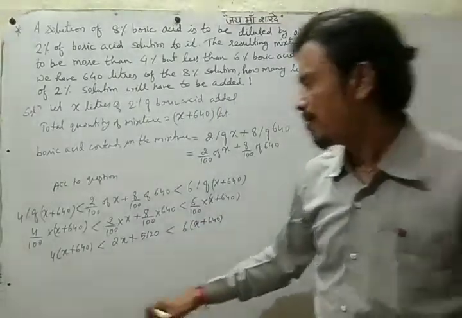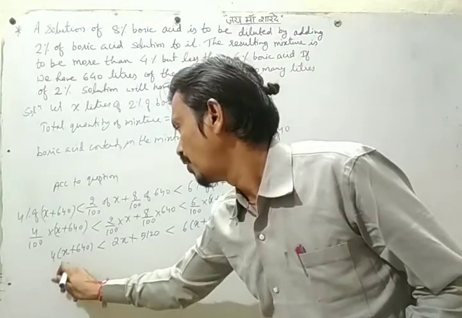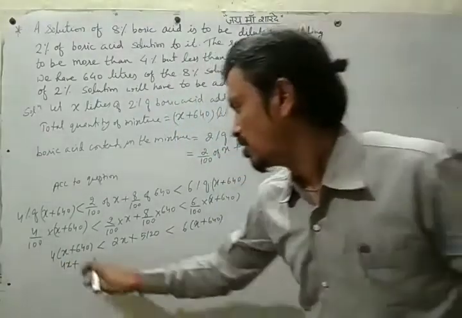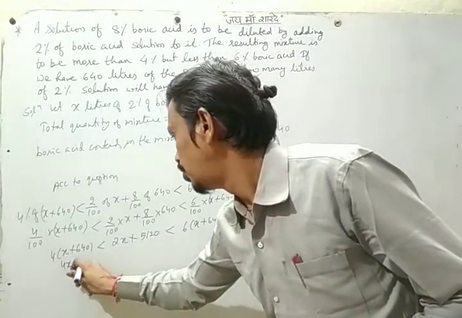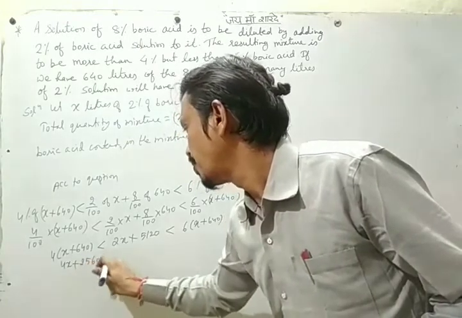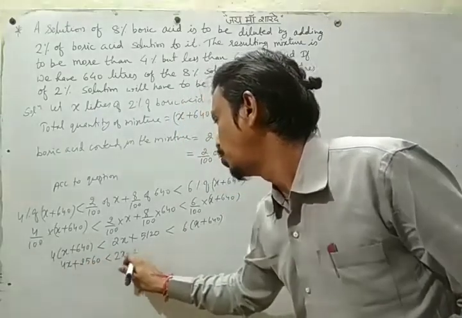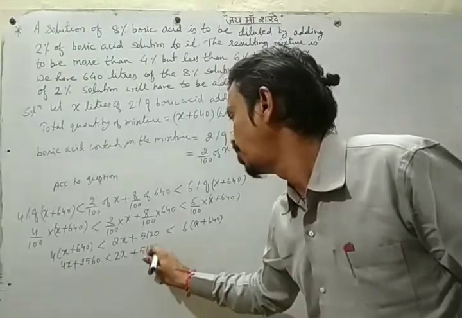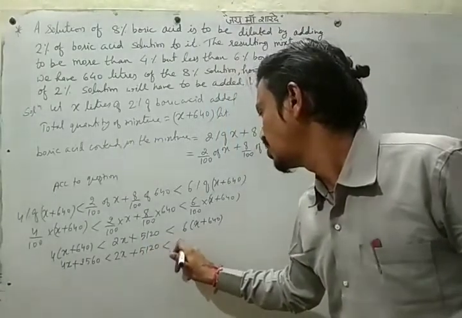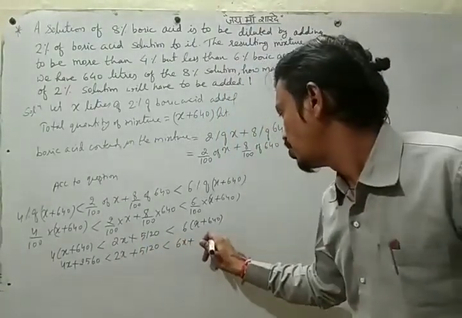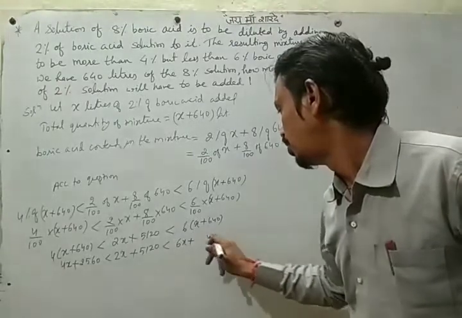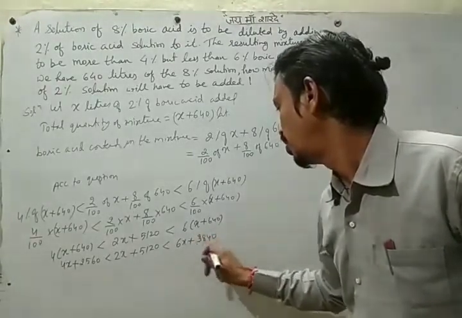Now this you can simplify. So multiply 4 here, 4x, 64 into 4, 256, less than 2x plus 5120 is less than 6x plus 3840.